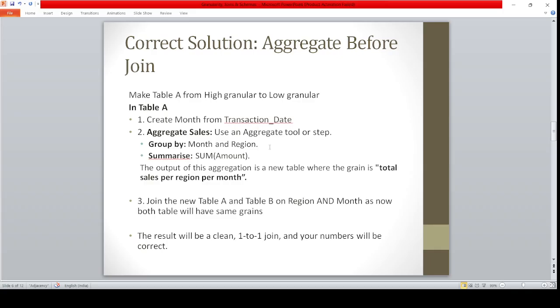Use aggregate tools: group by month and region, sum of amount. Join the new table generated by the aggregation and table B on the region and month columns. Both tables will have the same grain. The result will be a clean one-to-one join, and your numbers will be correct.